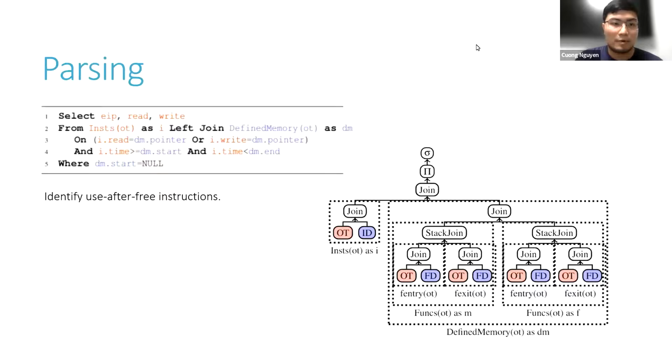So here's an example of parsing a SQL query in SteamDrill. This query is used for identifying use after free instructions. It's a join between an instruction view and the defined memory view, and you can see it on the right.